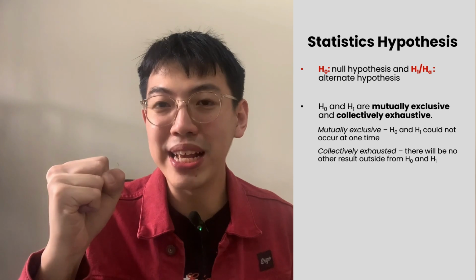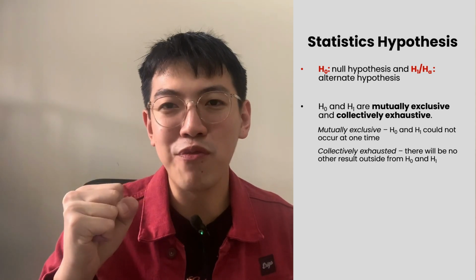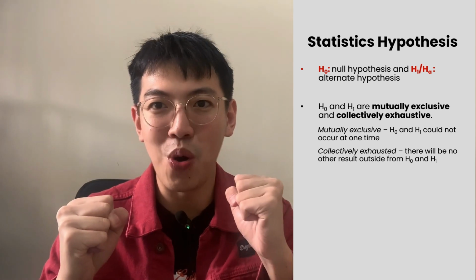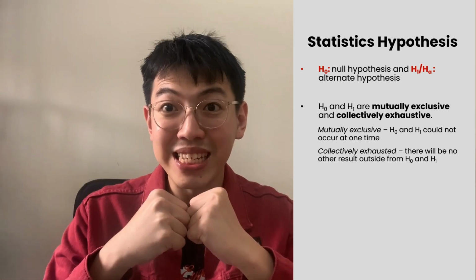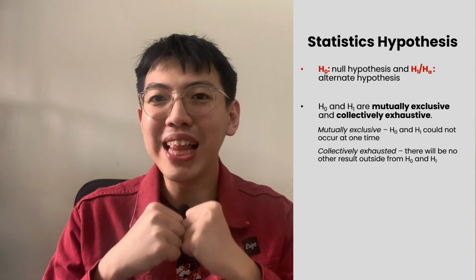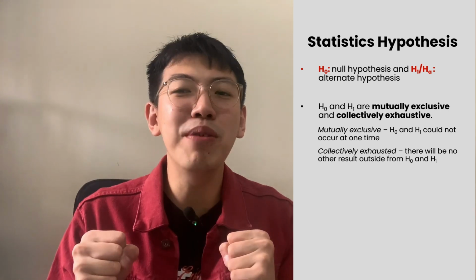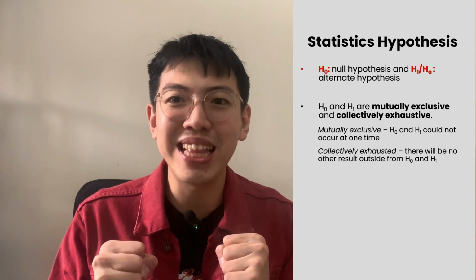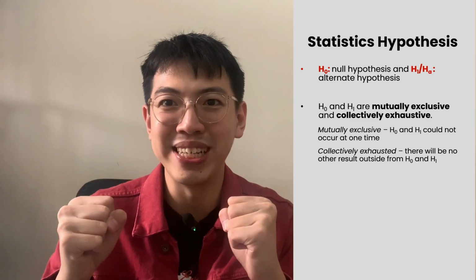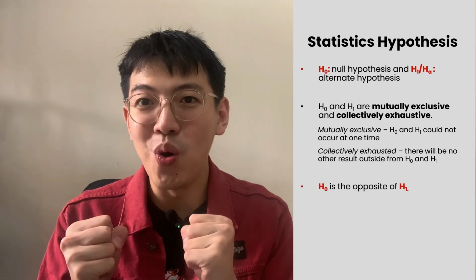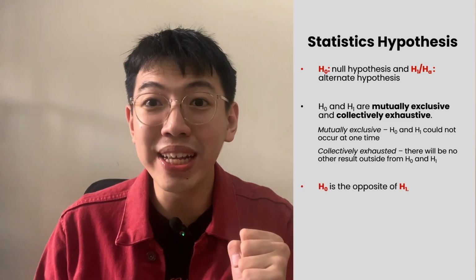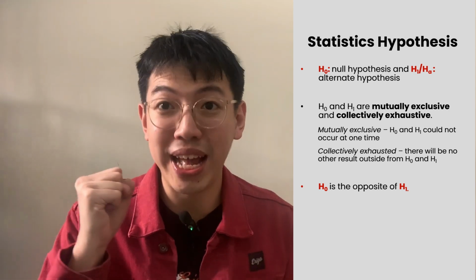If H1 is accepted, it is impossible for us to accept H0. So H1 and H0 could not occur at the same time. While for collectively exhaustive, there will be no other result outside H0 and H1. H1 is the opposite of H0. One more time, H1 is the opposite of H0.